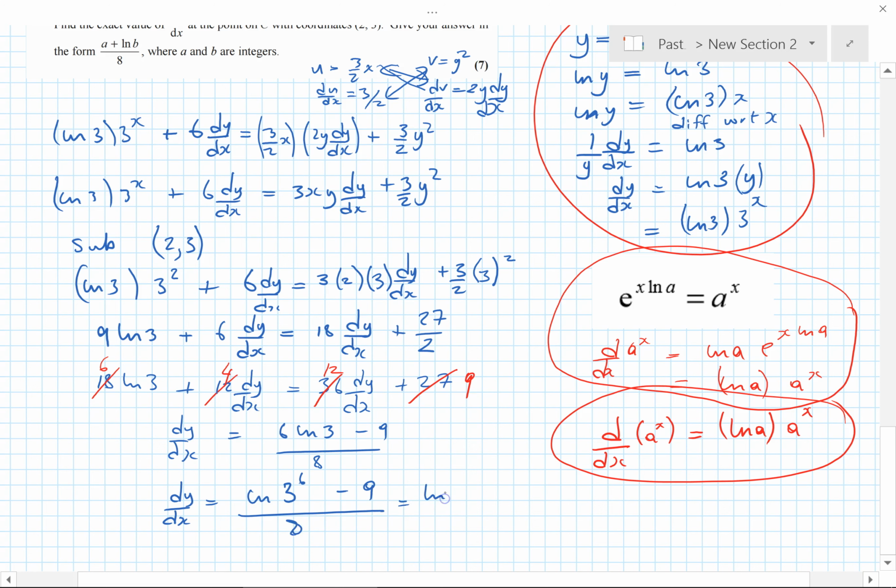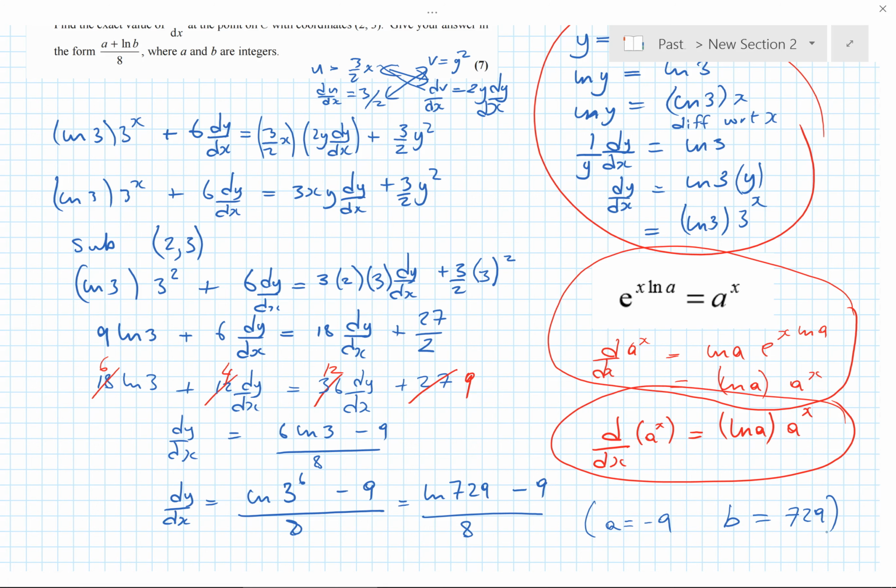So that's ln 729 minus 9 all over 8. Okay, and then that's it. We've got it in the correct form there, where a is minus 9, and b is equal to 729, if we want to be particular.